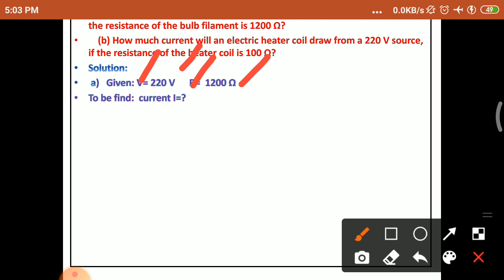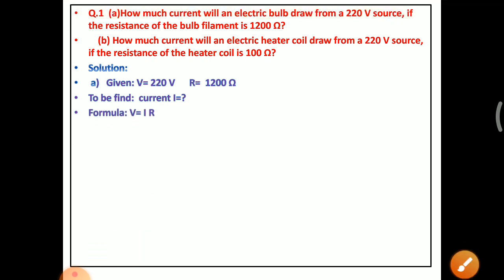To be found: the current I. The formula we know is V equals IR, so I equals V by R. Here V equals 220 volt and R equals 1200 ohm. When I divided 220 by 1200, I got 0.18 ampere. So the electric bulb takes 0.18 ampere.